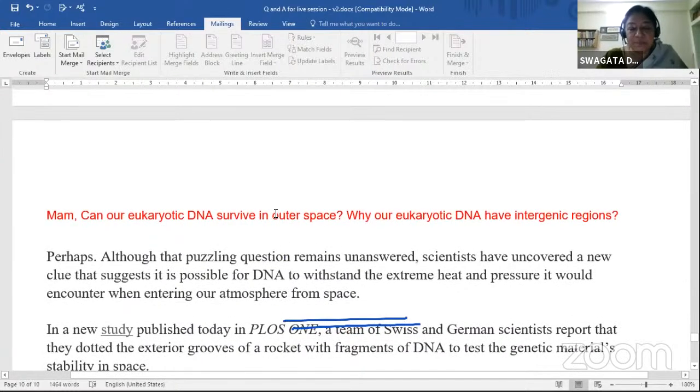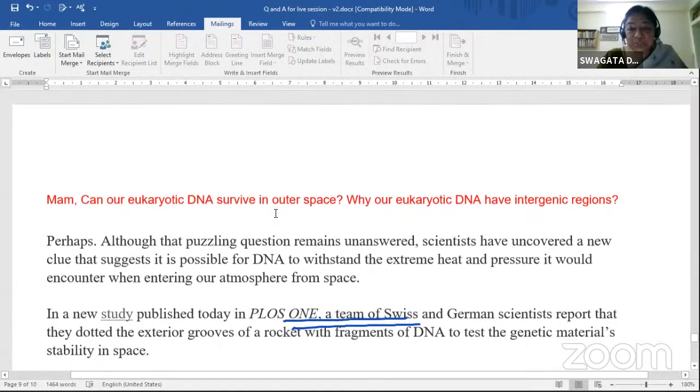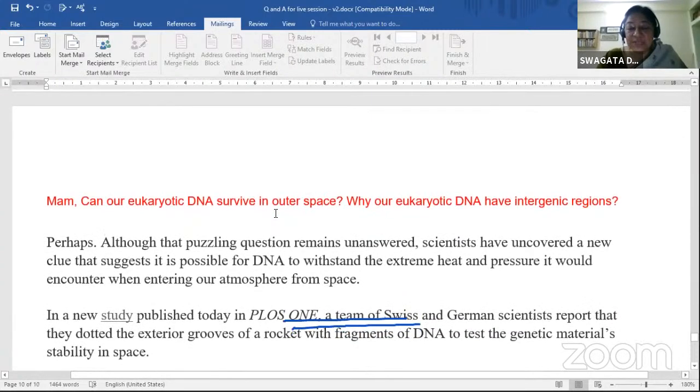There is actually a new study that one of my TAs found, published today. A team of Swiss and German scientists report that they have dotted the exterior grooves of the rockets with fragments of DNA to see whether the genetic material can actually survive in space.